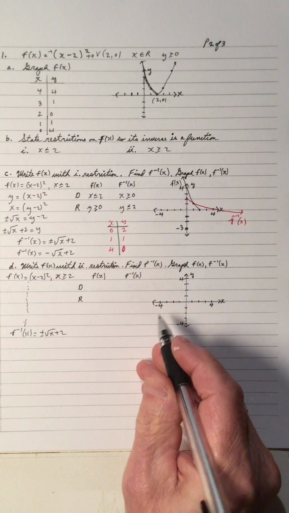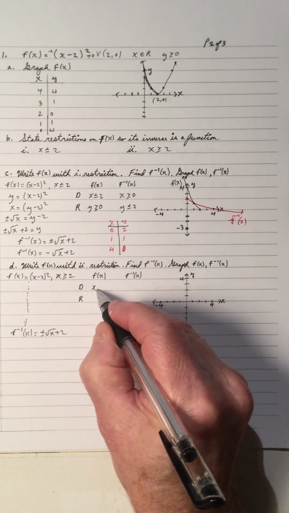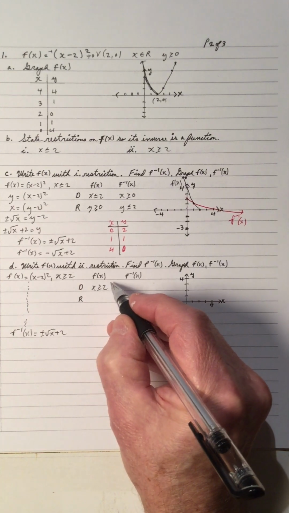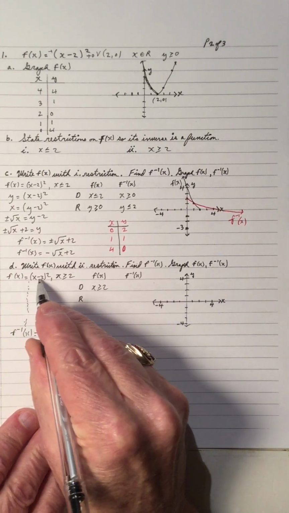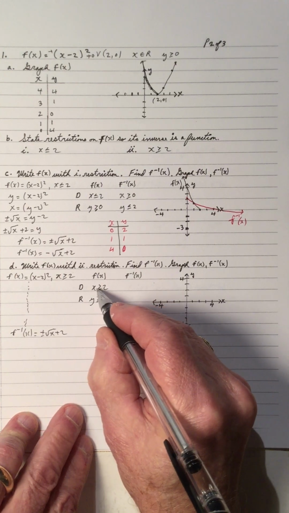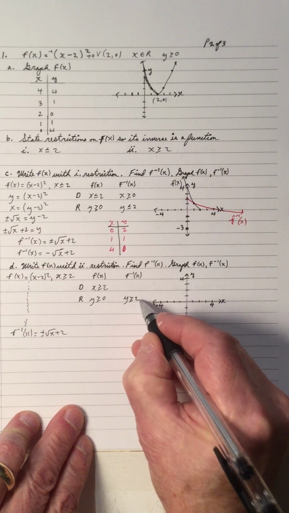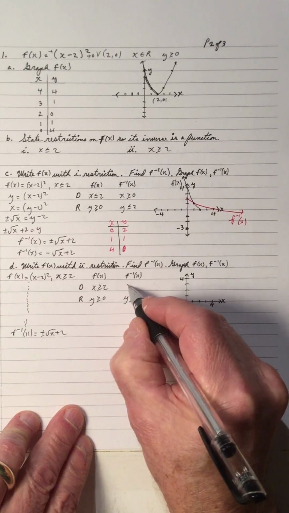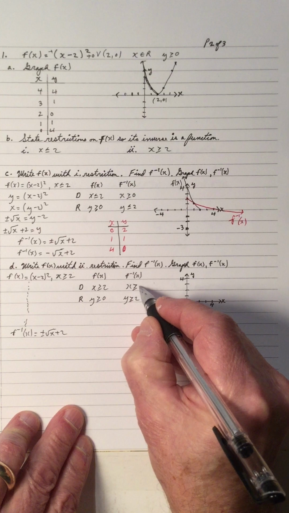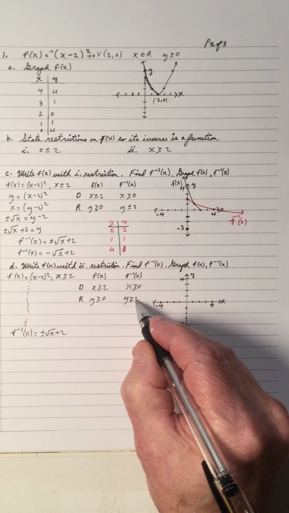But in this one, your domain is x greater than or equal to 2, and the y is still greater than or equal to 0. So your domain becomes your range: y is greater than or equal to 2, and your range becomes your domain: x is greater than or equal to 0.